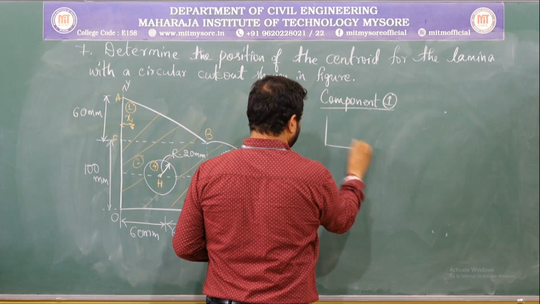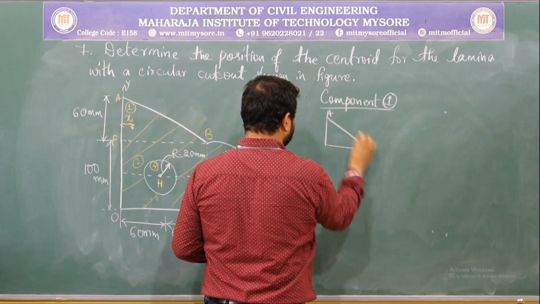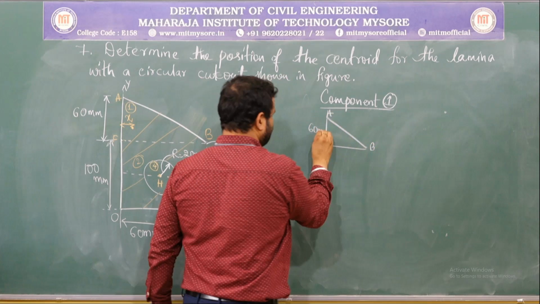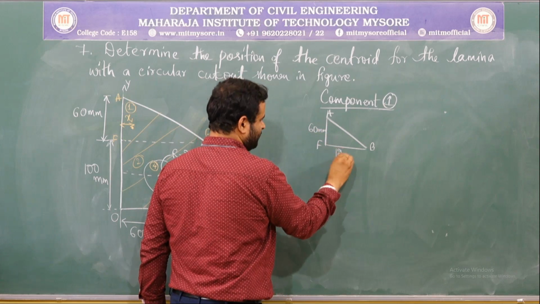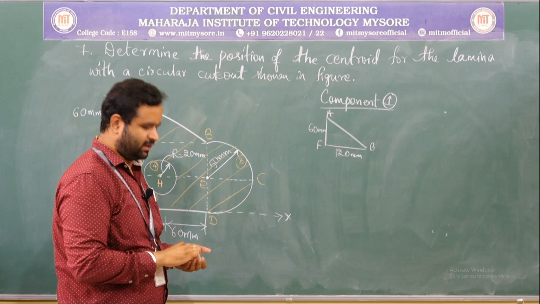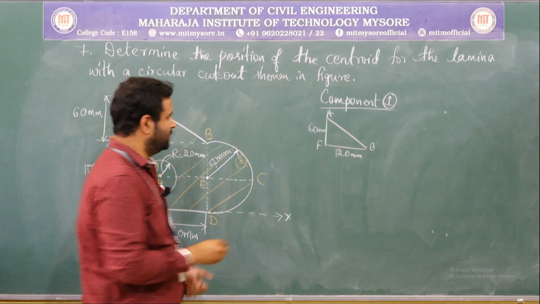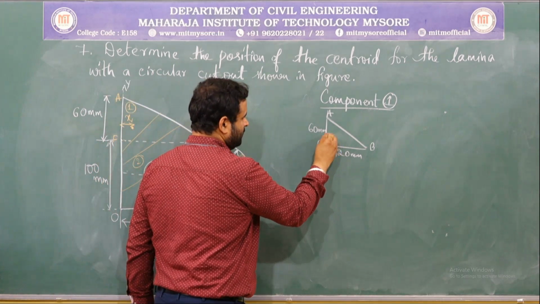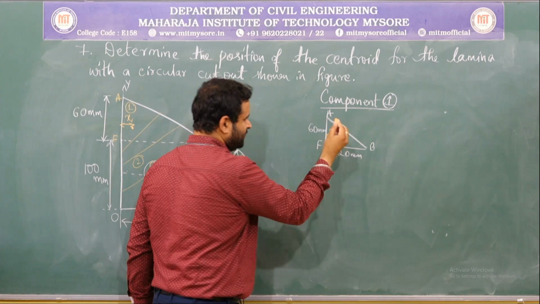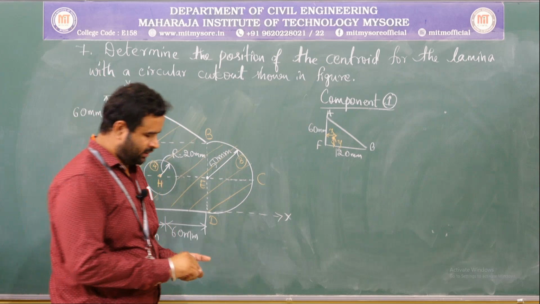Component 1 is a right angle triangle which is A, B and F. The height is 60 mm and the base is 120 mm. And where does the centroid lie for a right angle triangle? It is here. So, this is our x component of this triangle and this will be the y component of the triangle.